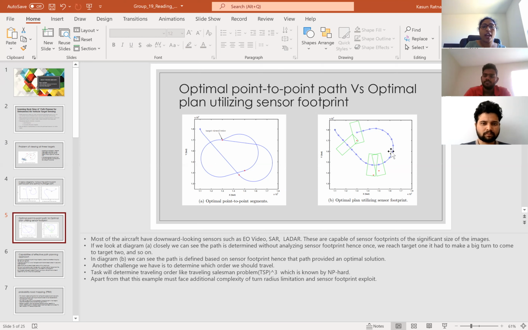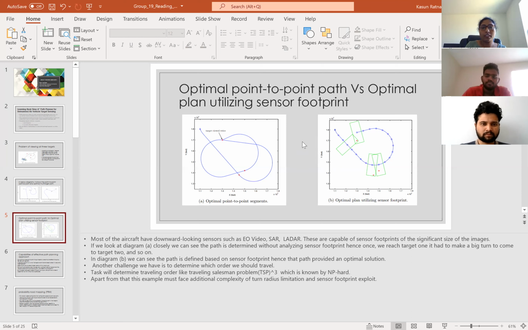Another challenge we have is to determine which order we should travel in. So the task will determine the traveling order, like the traveling salesman problem, which we will be discussing later in this presentation, which is known to be NP-hard. Apart from this example, we must face additional complexity.